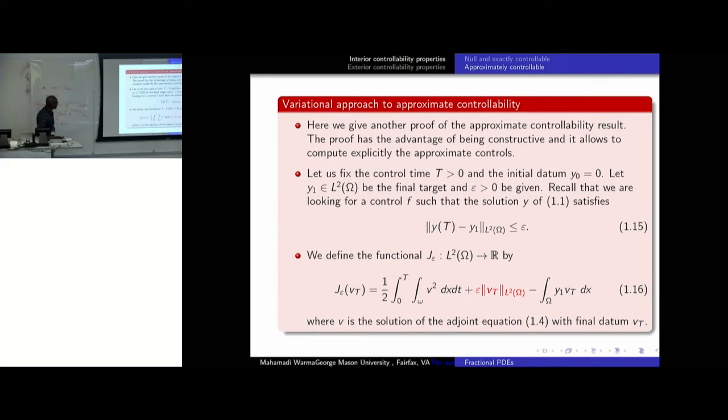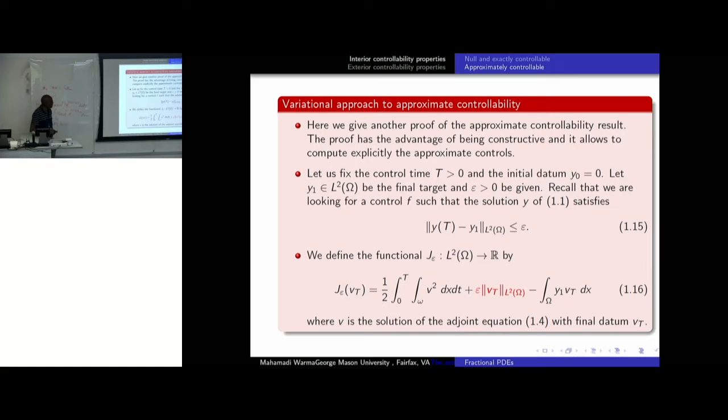Let's see, we have a variational approach to approximate controllability. What is that? It is another proof of approximate controllability, but the proof has the advantage of being constructive. It doesn't only prove that the system is approximately controllable, it allows us to compute the approximate controls. How do we do it?